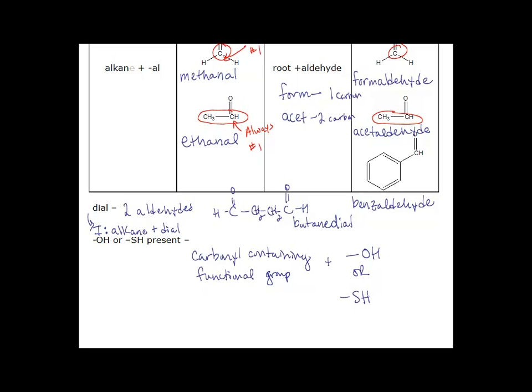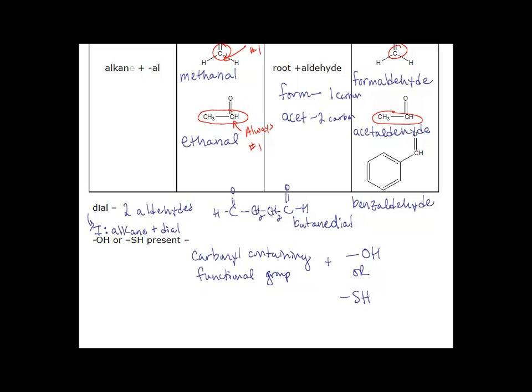I have to account for the aldehyde or the ketone or the carboxylic acid and the SH and the OH. I have to add thiol. If you look through all the rules for naming these, the OH and the SH add suffixes, and so do the carbonyl containing functional groups. So it's which suffix do I add?